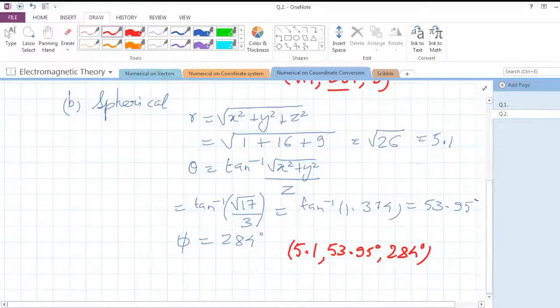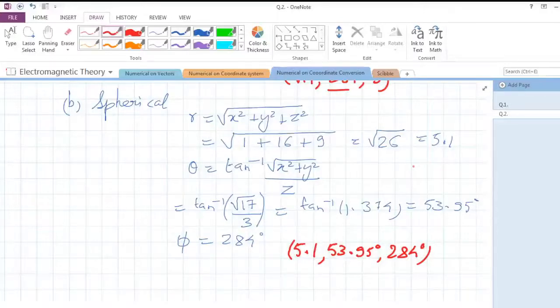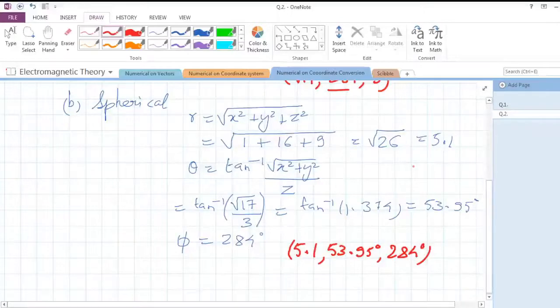Let me tell you one thing, that in electromagnetic theory, conversion of the coordinates is not a very frequent question asked in the question papers, because it is a rather easy topic. Rather than coordinate conversion, what is asked normally is vector conversion, which will be our next video or next topic.